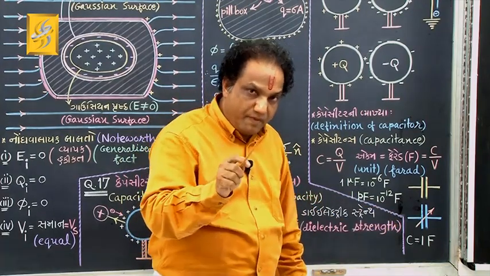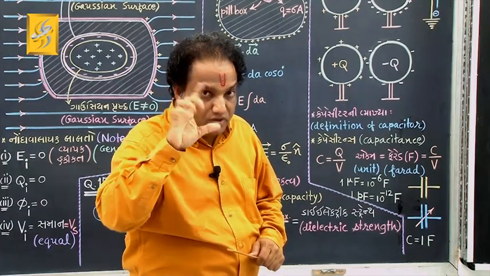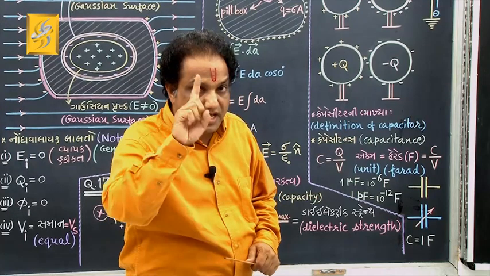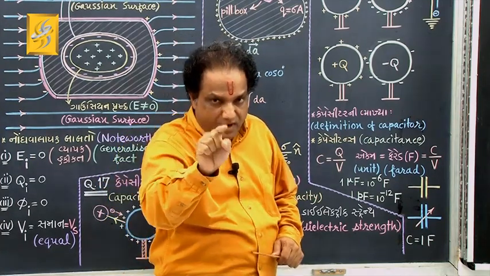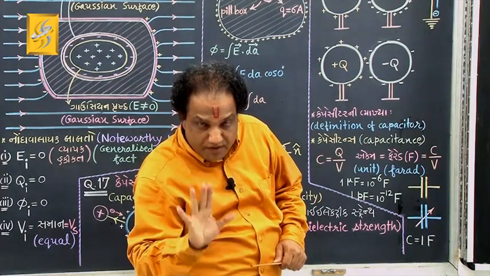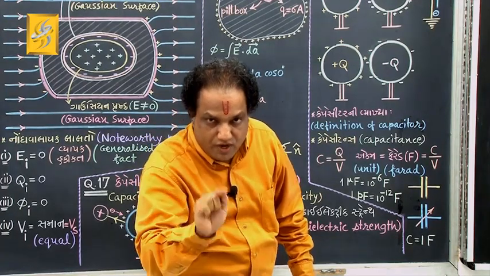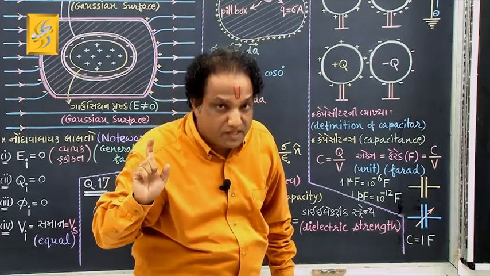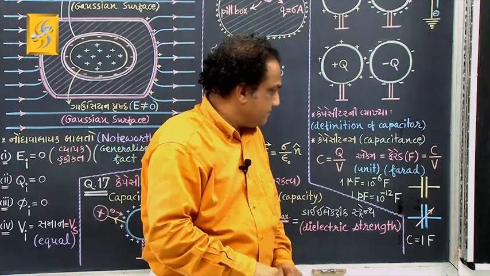I hope you remember the table of submultiples, that is negative powers to the base 10, starting with 10 raised to minus 1. Come on, speak out: deci, centi, milli, micro, nano, pico, femto, atto, zepto, yocto. And in that, micro means 10 raised to minus 6 and pico means 10 raised to minus 12. Correct? Fine.